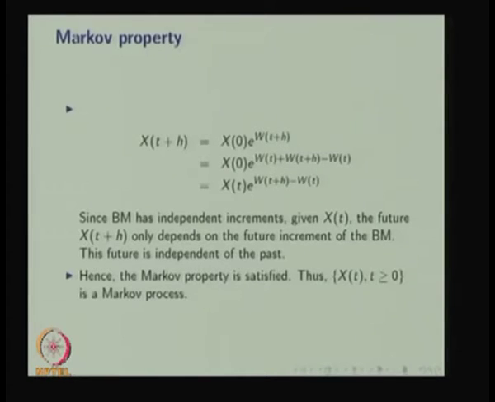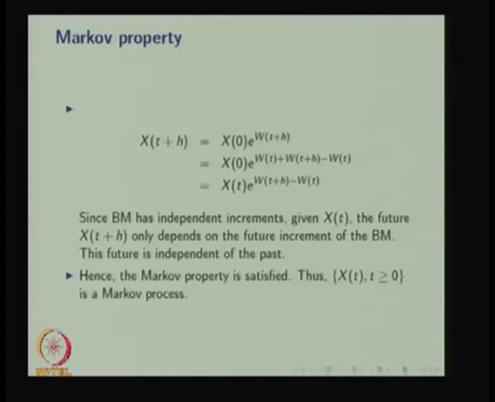That means the stochastic process at time point t plus h is the same as at time point t multiplied by the exponential of the increment between the time points t to t plus h in W.